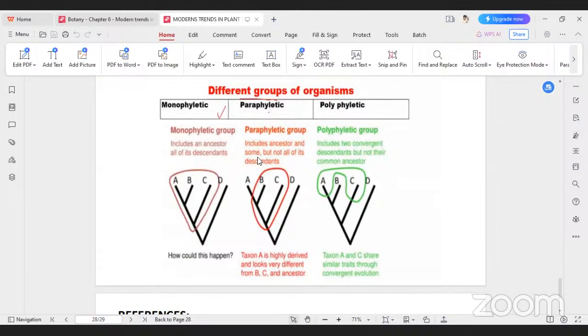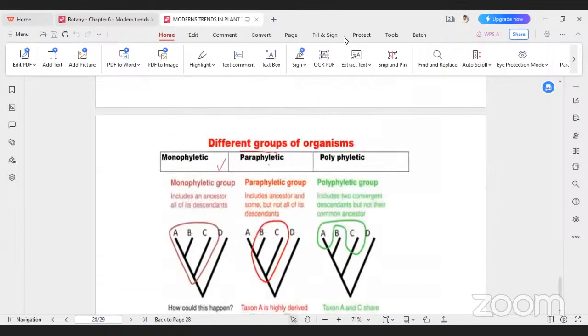Paraphyletic includes the ancestor and some, but not all, of its descendants. They are not all descendants, so that is paraphyletic. Polyphyletic means more than two different groups. Here A and B are one group, A and C one group, B and D different. So that is called a polyphyletic relationship. Next one.